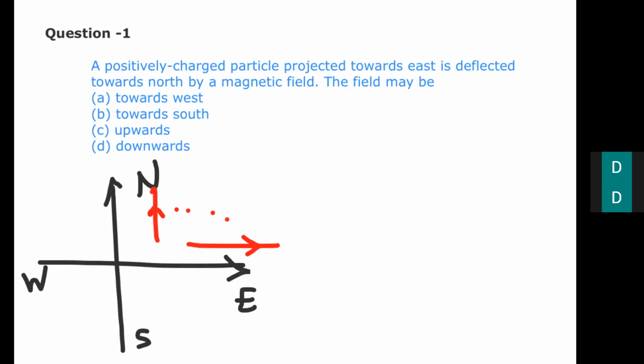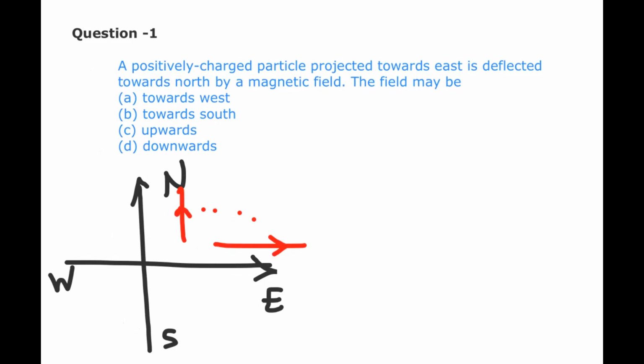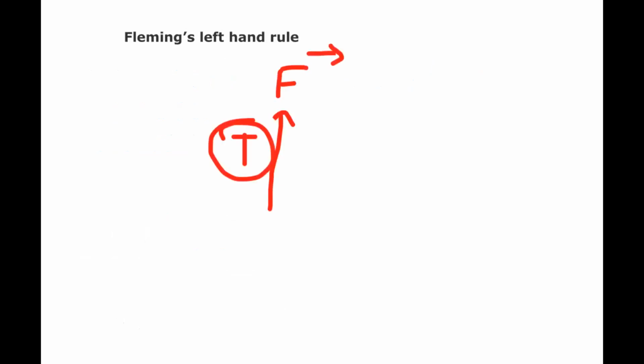They are asking where exactly the magnetic field will be. For this we will have to use Fleming's left hand rule. These MCQs are mainly based on Fleming's left hand rule. I cannot draw the diagram of the fingers, but if you take your left hand, this is the thumb, and this is the first finger, the forefinger.